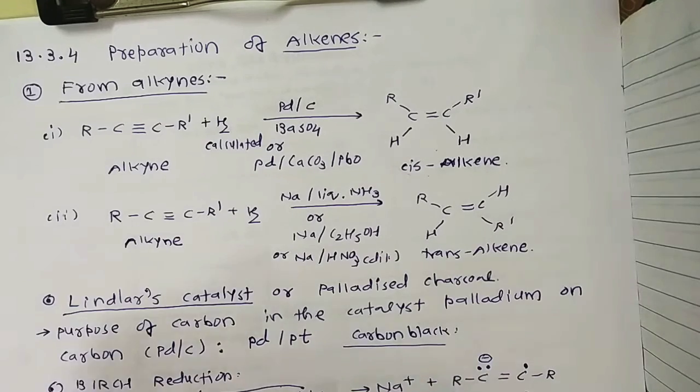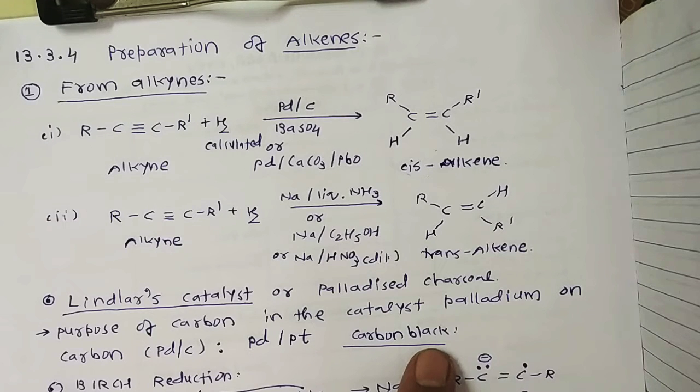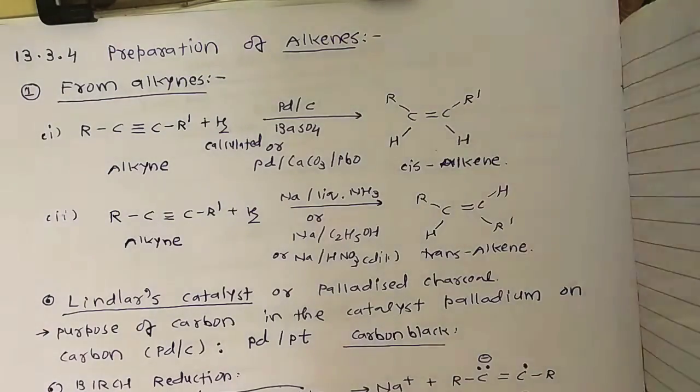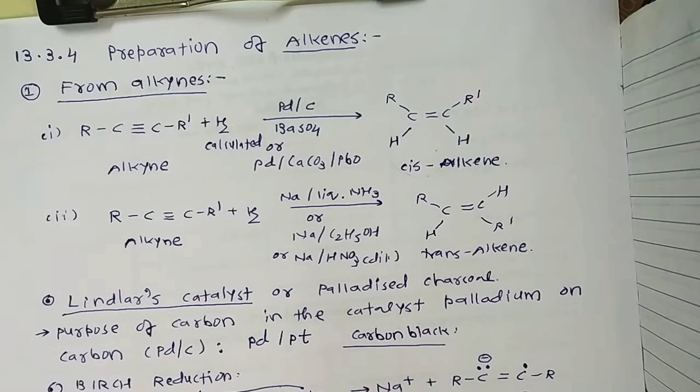When we studied alkanes, carbon black was formed in the case of combustion. This carbon is called a solid support; it dilutes the catalyst as well as increases the relative surface area. That's why we take carbon with palladium, called Lindlar's catalyst. The role of the catalyst is played by palladium, not carbon, but carbon supports the reaction.